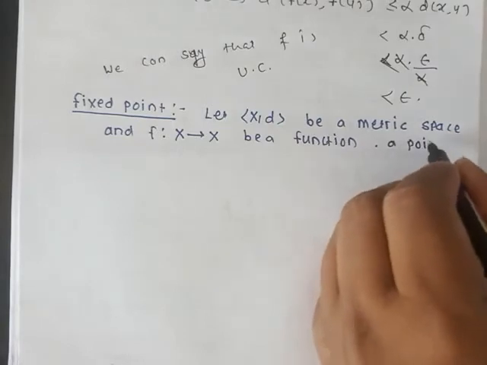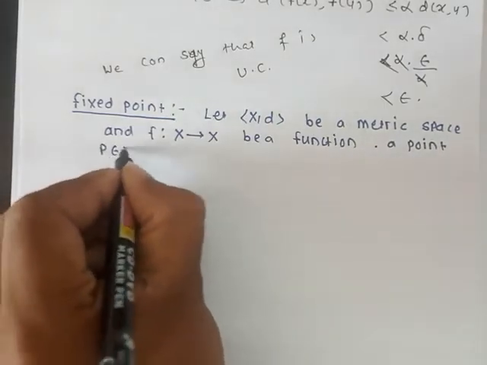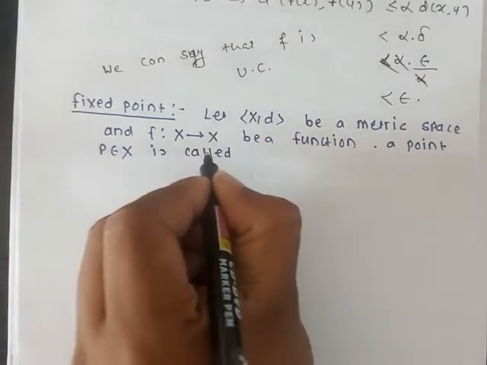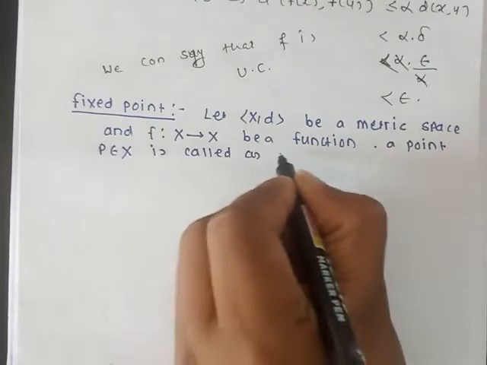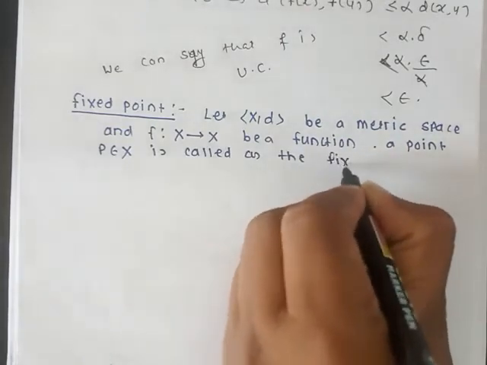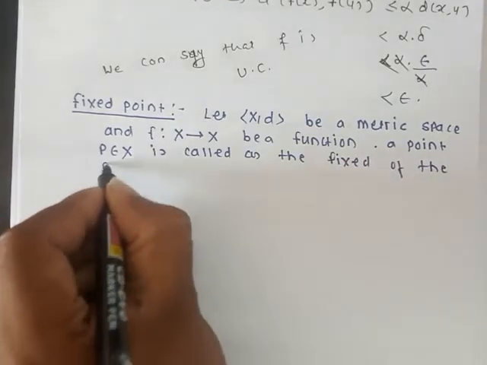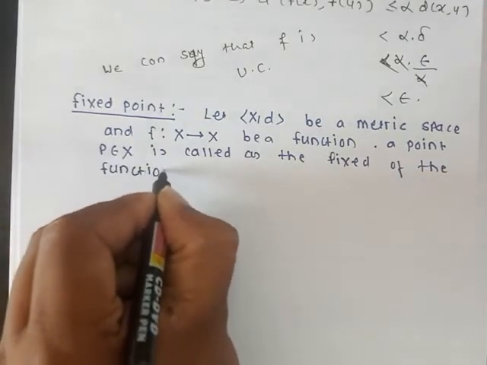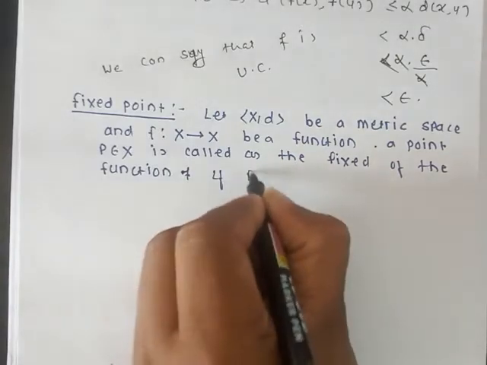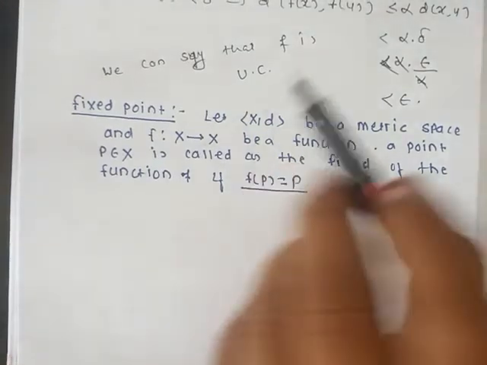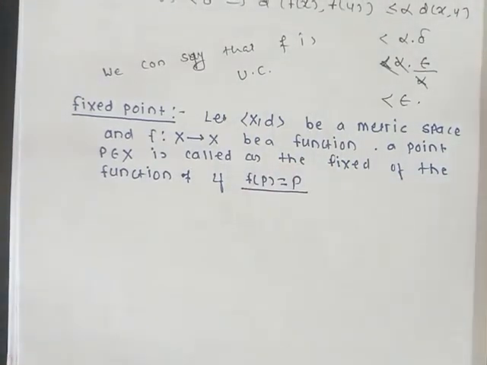A point p belongs to capital X is called the fixed point of the function f if f of p is equal to p. So let (X, d) be a metric space and f is the function defined from X to X, then p belongs to X is called fixed point of f if f of p is equal to p.